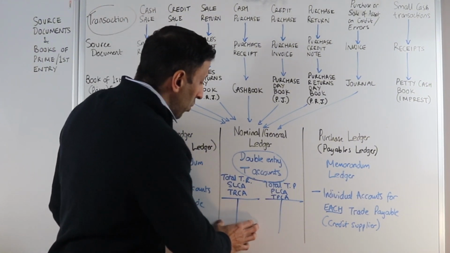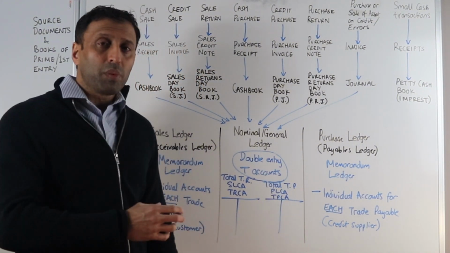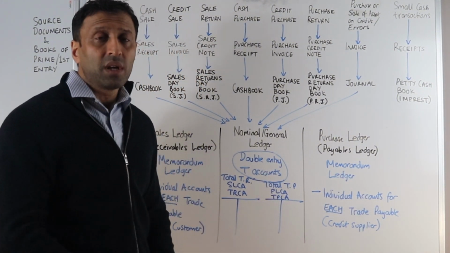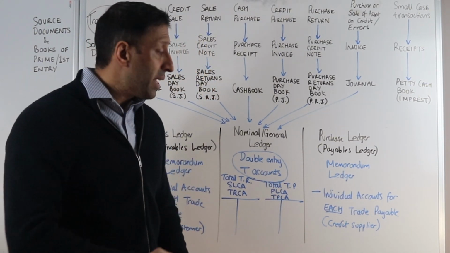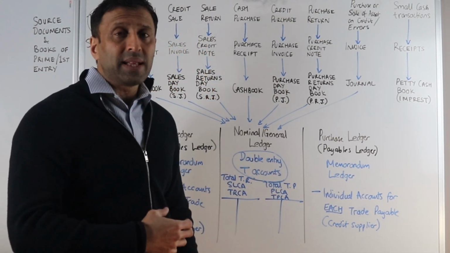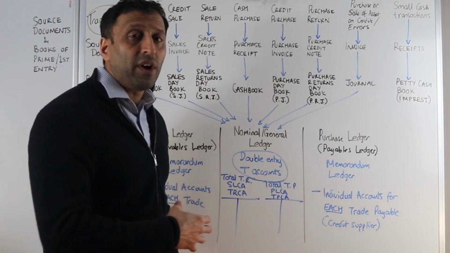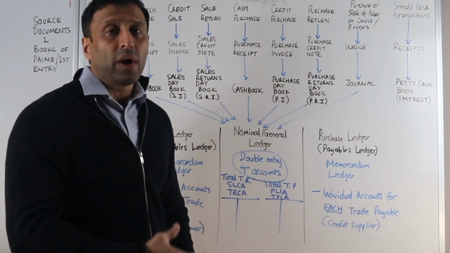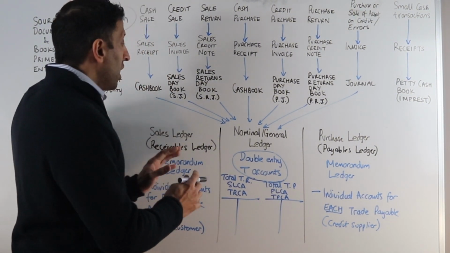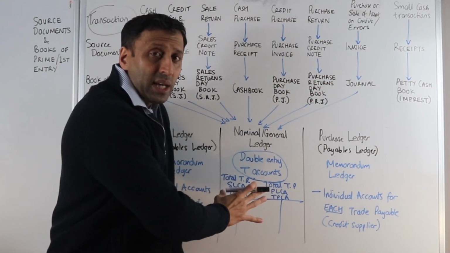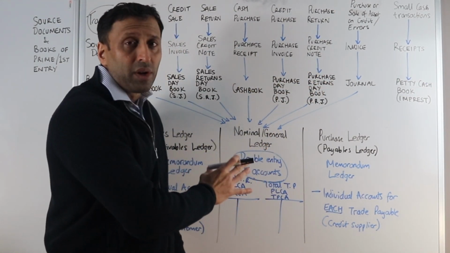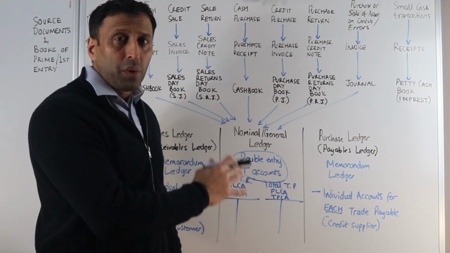Now the balance on this account will represent the amount that we owe to all of our trade payables, all of our credit suppliers. So all of these transactions will have some impact on the T accounts inside the nominal or general ledger, where we will do our double entry.